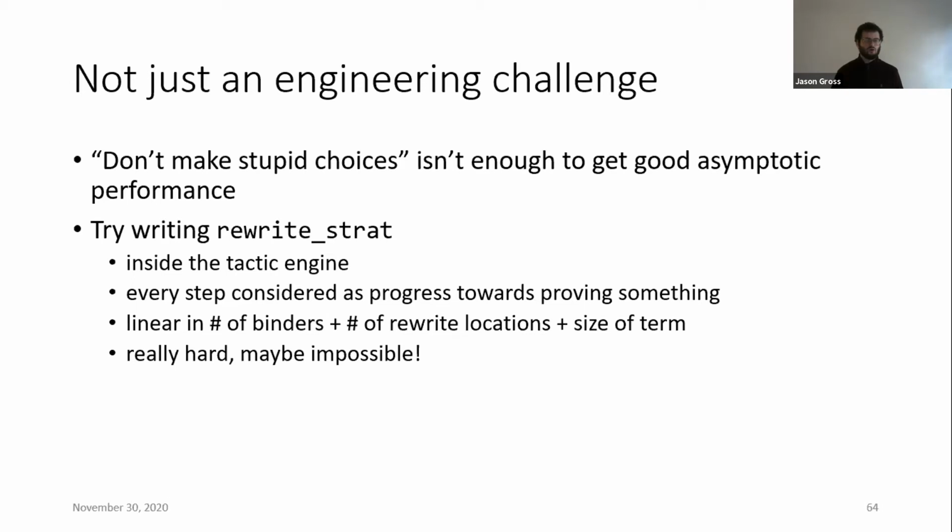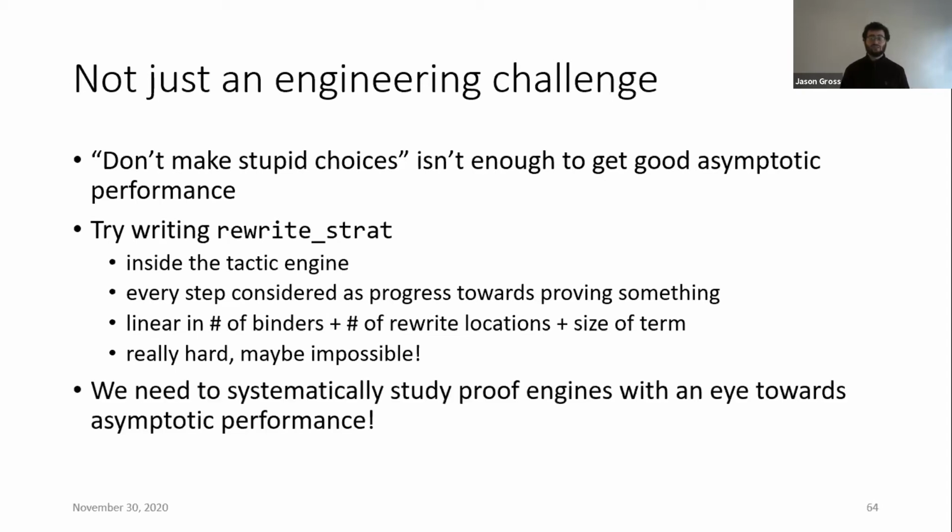This is really hard, possibly even impossible in the current proof engines, in the current kernels. I think that writing this would definitely need changes to Coq's proof engine. It might even need changes to Coq's kernel to support all of these constraints.